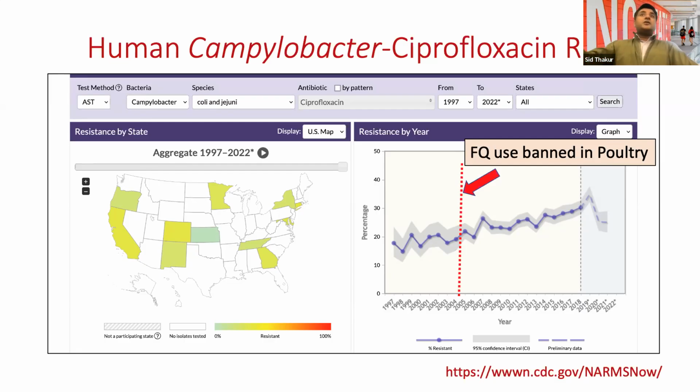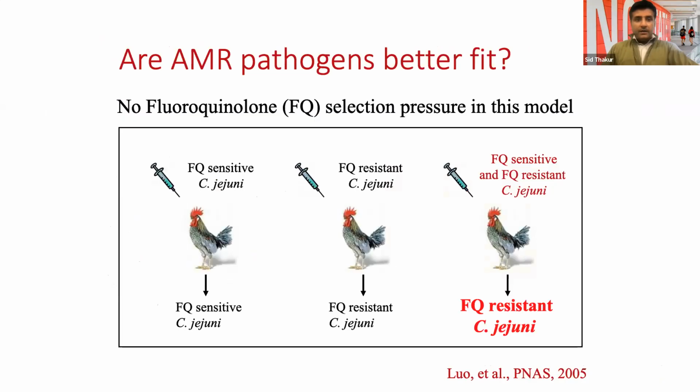So now I'm going to start talking about the fitness of these strains that are resistant to antimicrobials. Here's a simple study that was done: are drug-resistant pathogens better fit? I will also explain a little more about what I mean by better fit as we move forward. But here's a very simple experimental study, a lab-based study on animals.